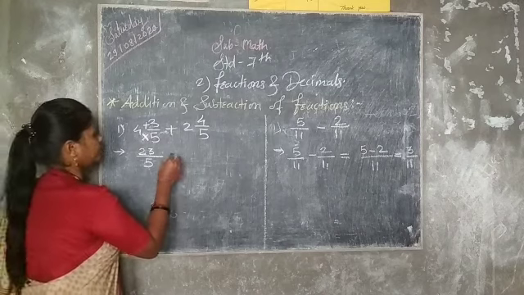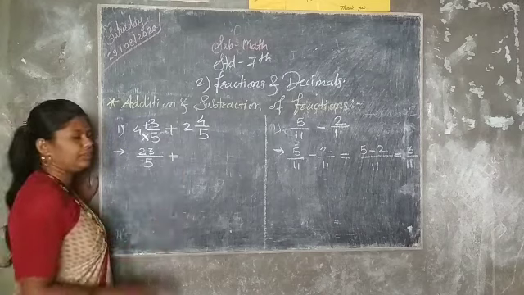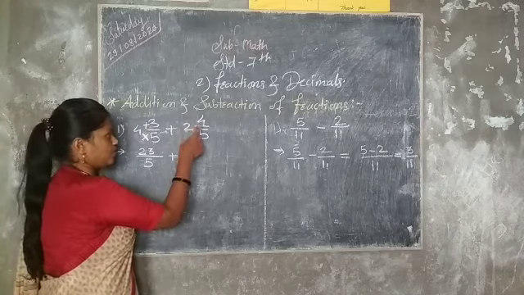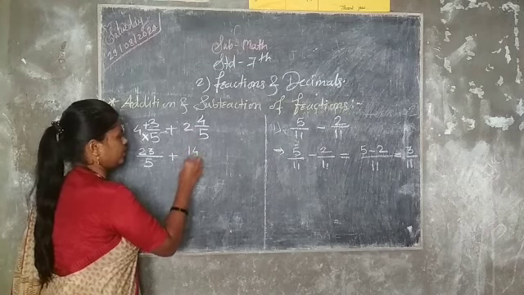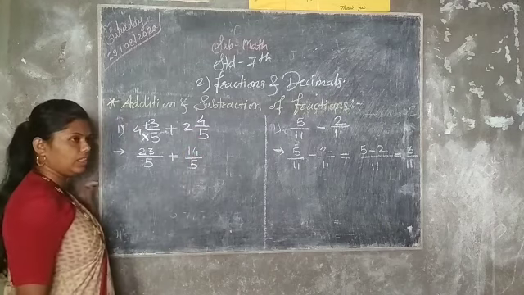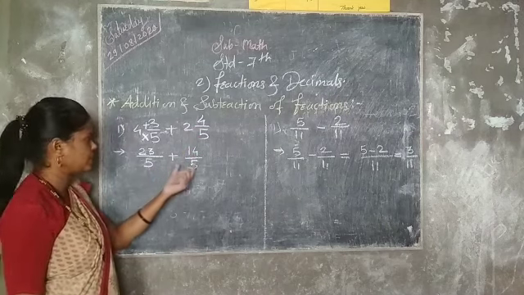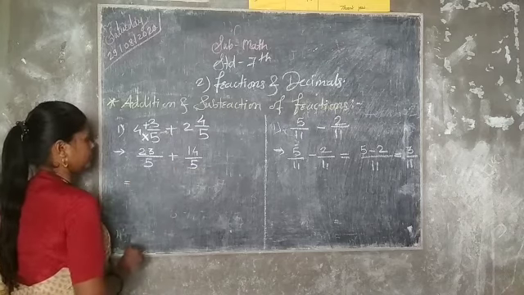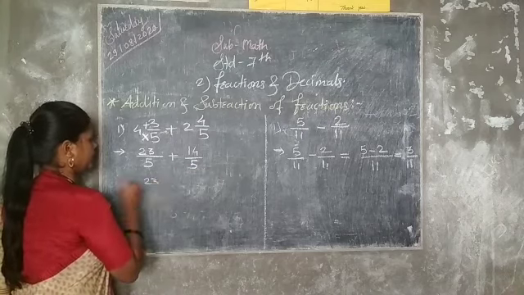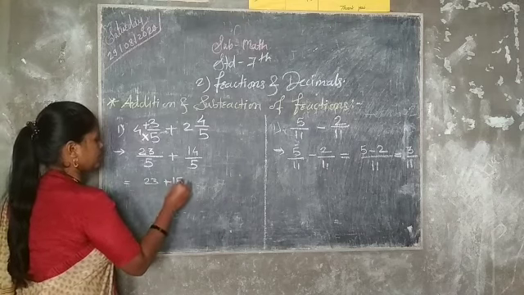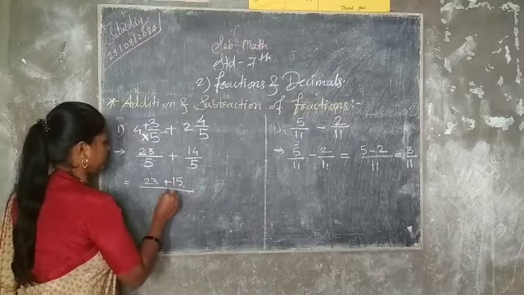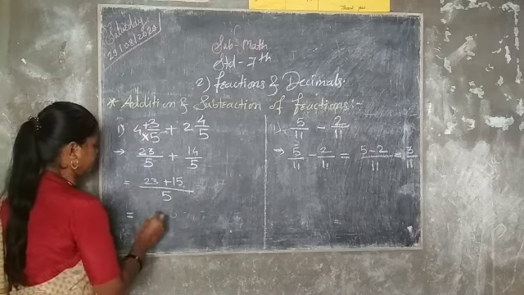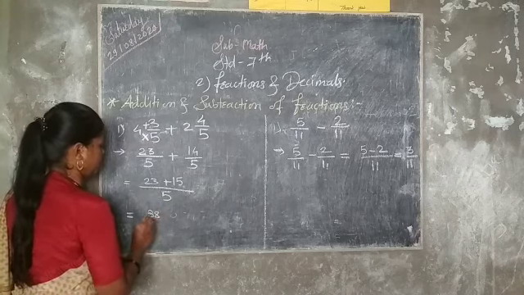So now you tell me: 5 twos are 10 plus 4, 14 upon 5. Now you can check, yes, this is a simple fraction, and now you can add 23 plus 15 upon 5. 23 plus 15, 38 upon 5.